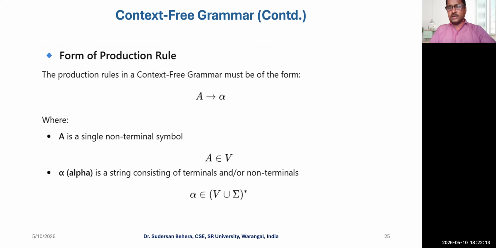You cannot say any means only one, or any means two strings of length 2. No. Any means anything. It can be a string of length 0, length 1, or length n, and any combination of them. Fine. I hope I'm clear. Next.